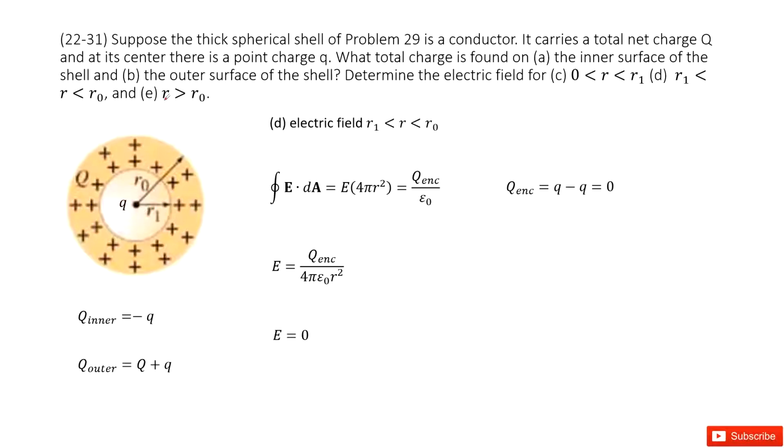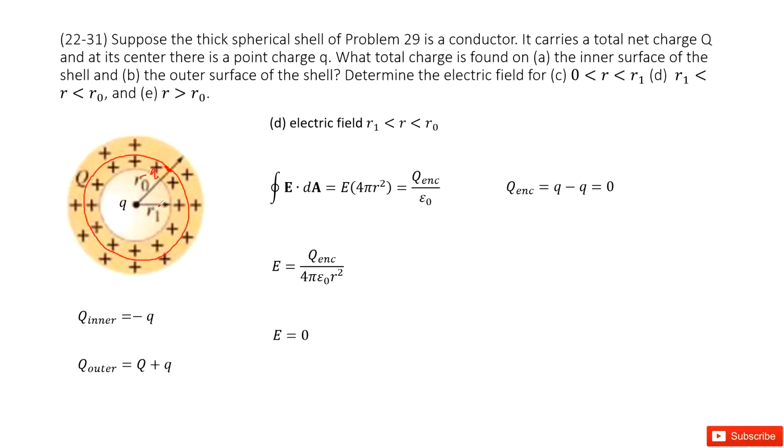The second case is where r is larger than R1 and smaller than R2. We can draw a Gaussian surface like this one. The enclosed charge includes small q and negative q, right?